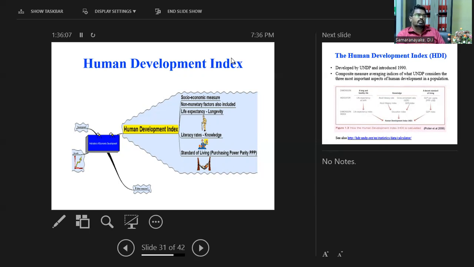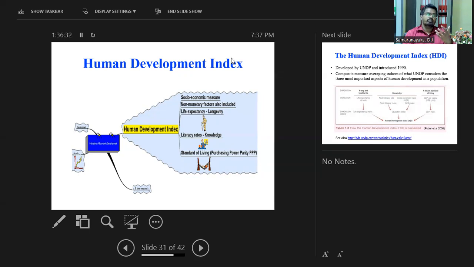When it comes to this Human Development Index, it came as a remedy for some issues highlighting the growth prospect. We saw a lot of failures in economic growth prospects, and then the Human Development Index tried to cover some of those failures, to make it a more reflective index that we can use to say things about economic development.